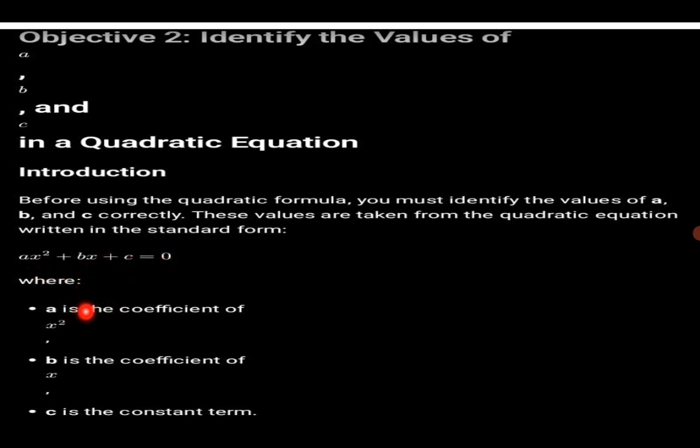Once again, a is the coefficient of x squared, b is the coefficient of x, and c is the constant term. By constant term, we mean it's just the number. It's not attached to any letter. That's a constant term.